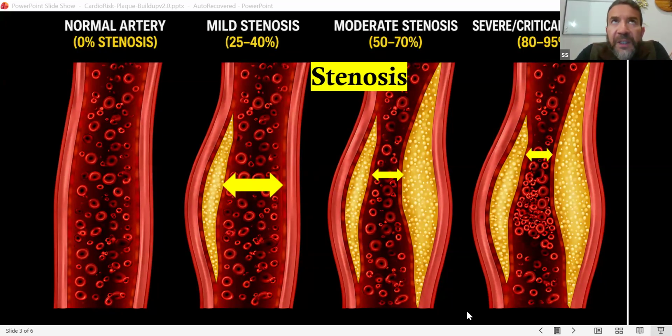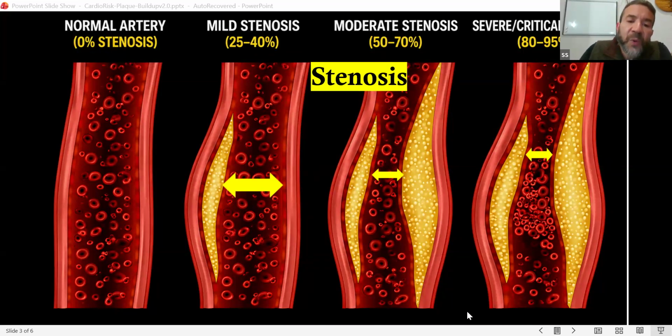So even endurance athletes can develop stenosis. High fitness levels do not make someone immune to plaque buildup. And in many cases, athletes may continue performing well for years before symptoms such as shortness of breath or decline in performance begin to appear.